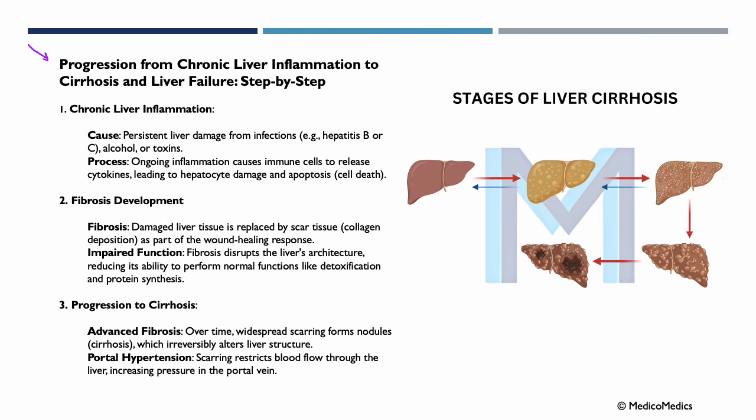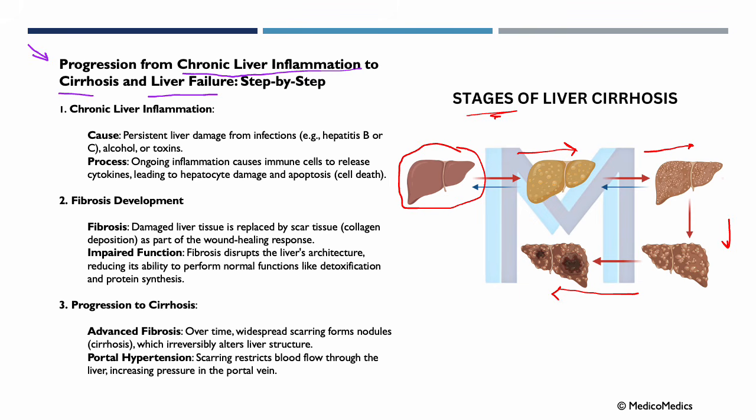Let's look now at the progression from chronic liver inflammation to the development of cirrhosis and liver failure step by step. So you have the stages of liver cirrhosis, beginning with a nice-looking, well-functioning liver, and gradually you see it's deteriorating.